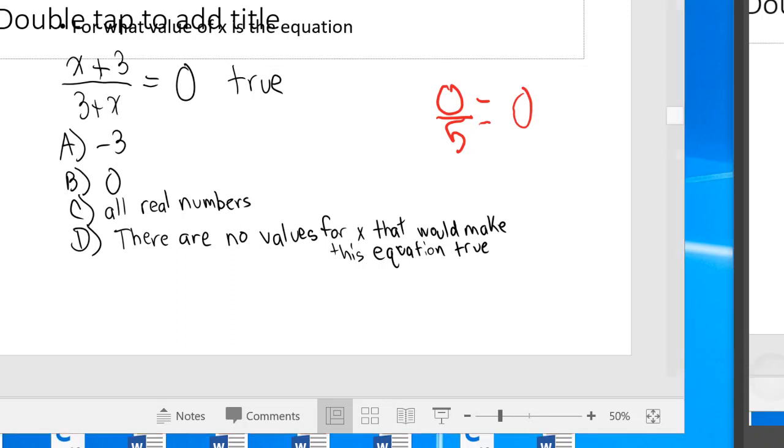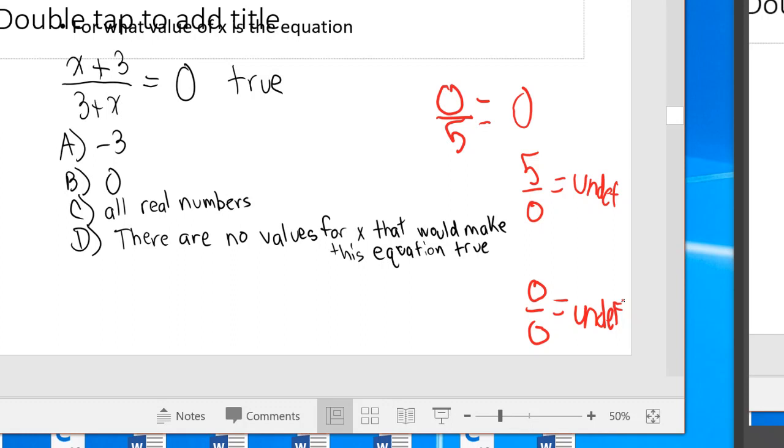If I have 5 over 0, sorry, I couldn't hear you. 5 over 0 is undefined, or no solution. All right? Then the question also becomes, well, what's 0 over 0? 0 over 0 is still undefined, okay? Any number over 0, if the denominator is 0, is undefined.